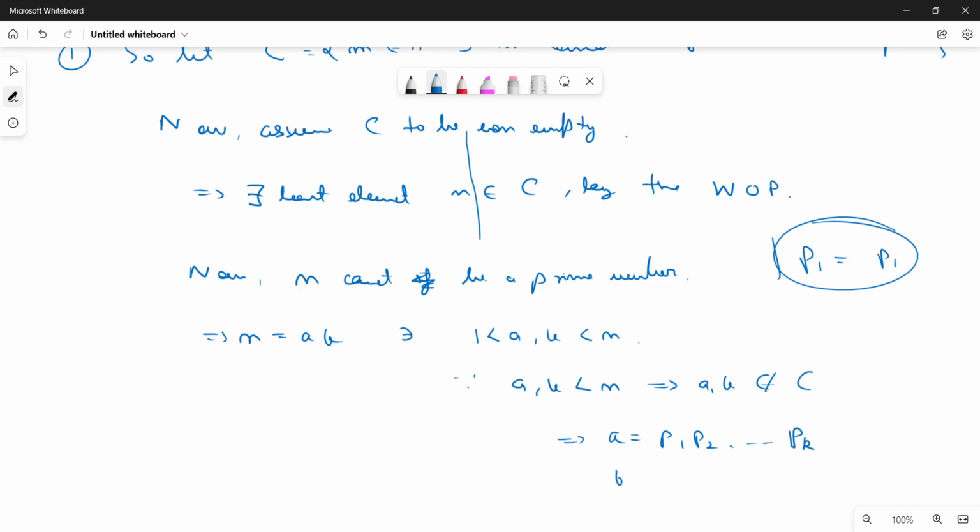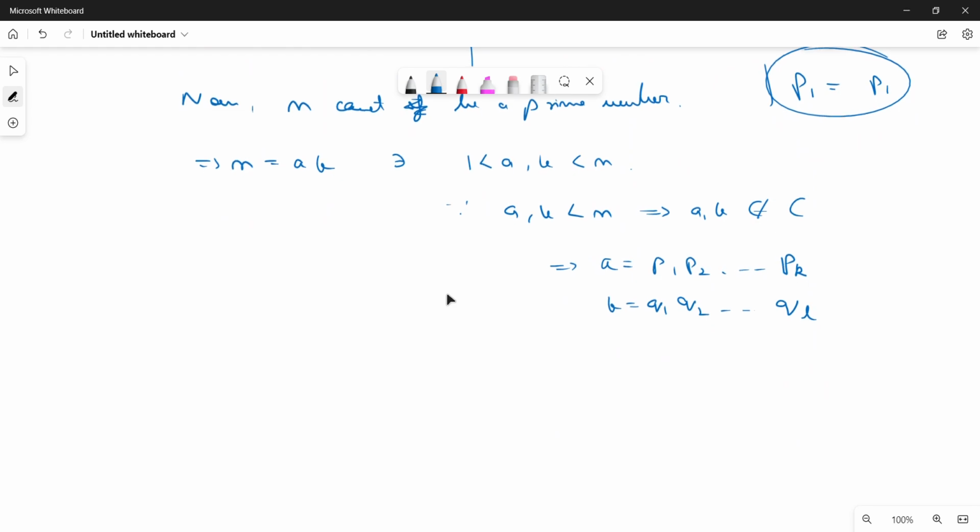Now, if a and b are not in C, then a is a product of primes, say p1, p2 till pk, and b is also a product of primes, say q1, q2 till ql, because they are not in C. So this means n equals p1, p2 till pk into q1, q2 till ql.